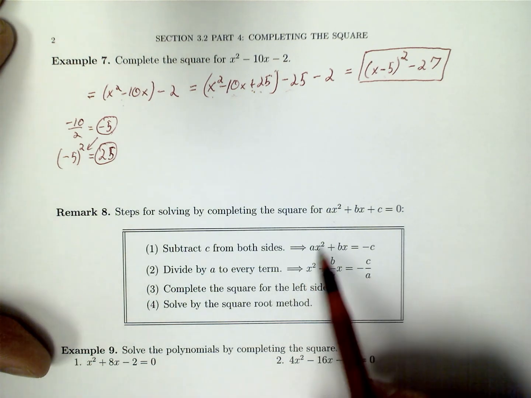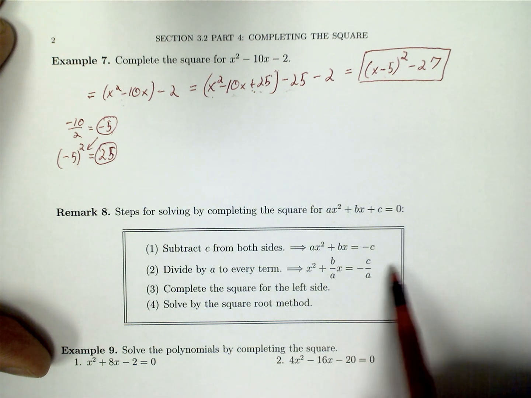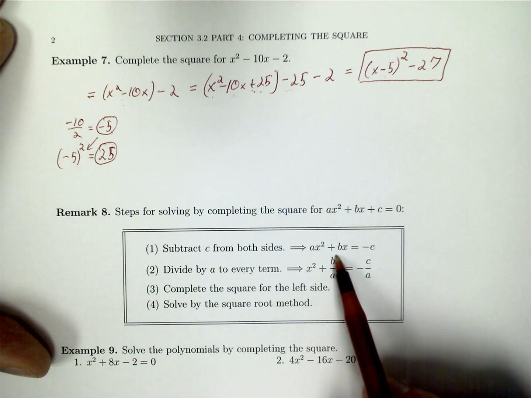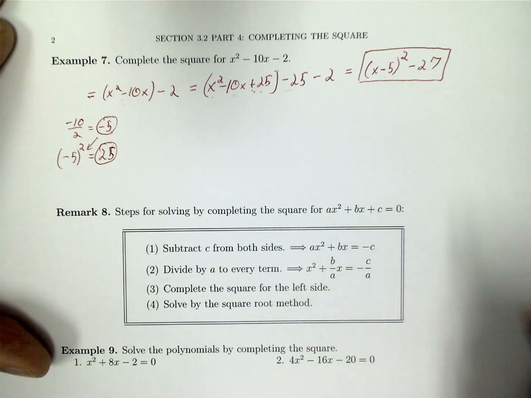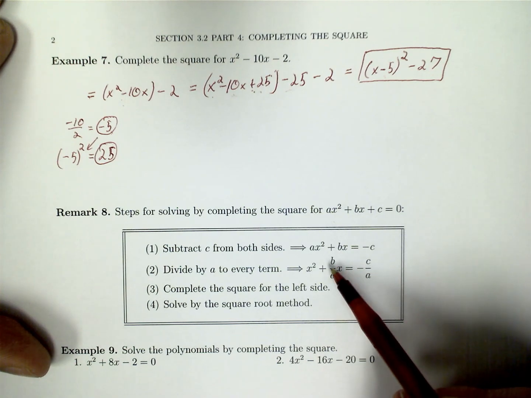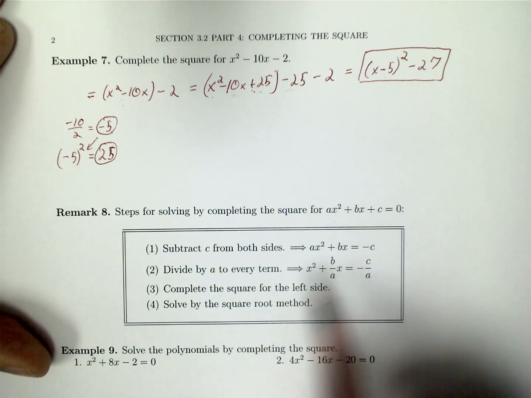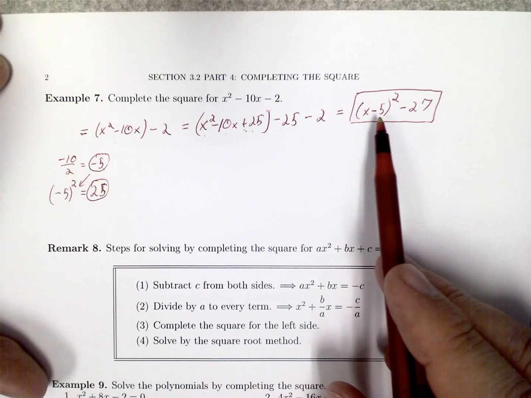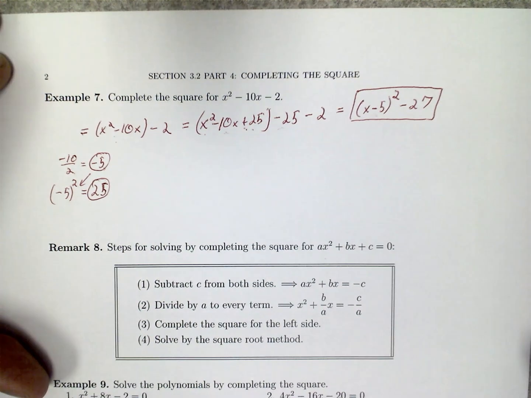Now we just complete the square for this. We look at the b term, which is now b over a, and divide by 2, square it, complete the square, and then you're going to have something like this, but with an equal sign, and you can use the method of square roots, the principle of square roots.